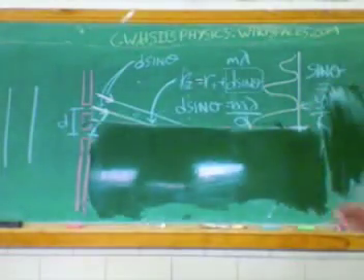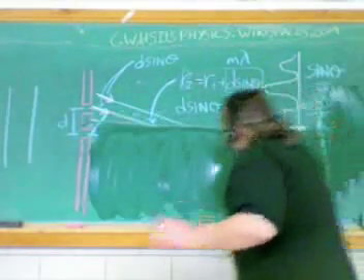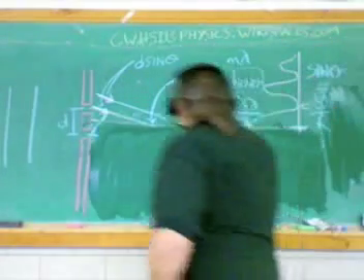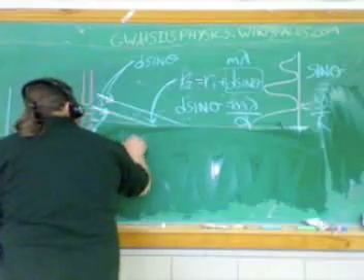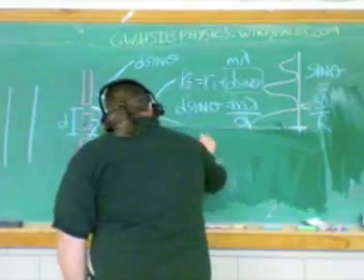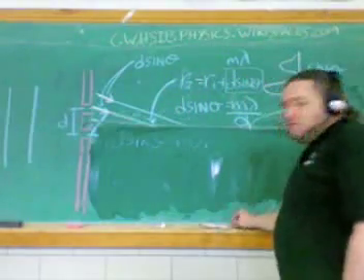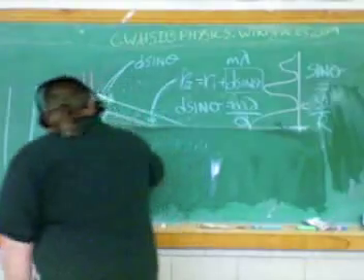So I end up with d sine theta is equal to one wavelength times some number m. Let me rewrite that so you can see it.